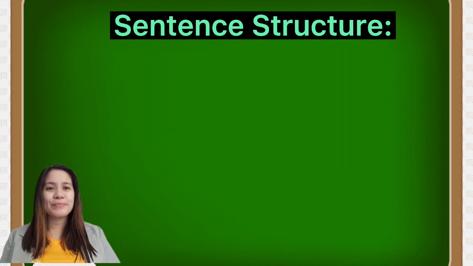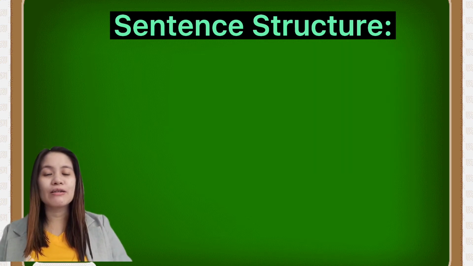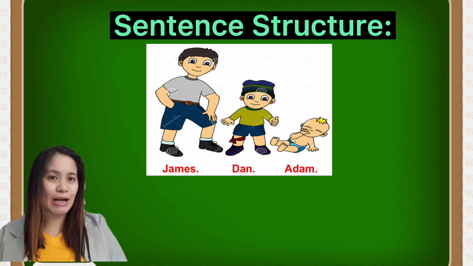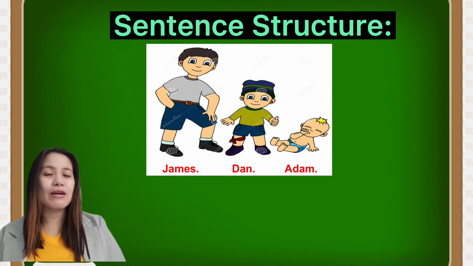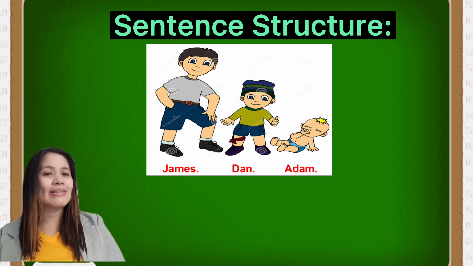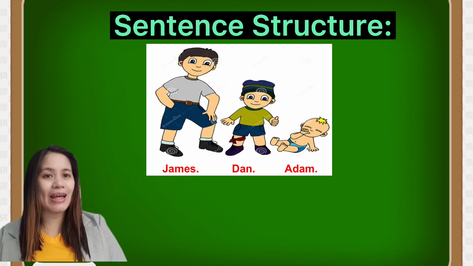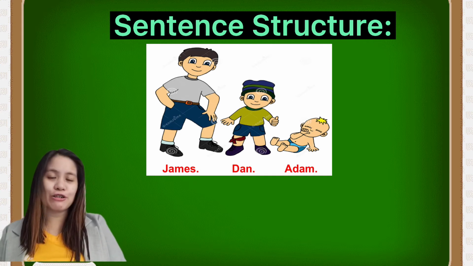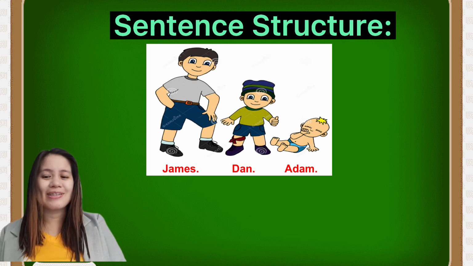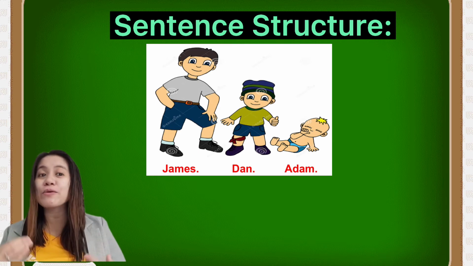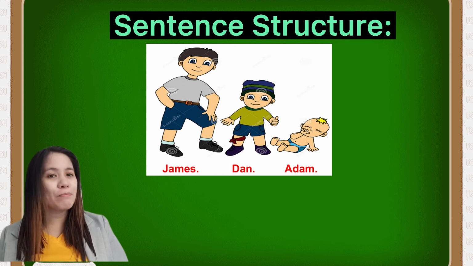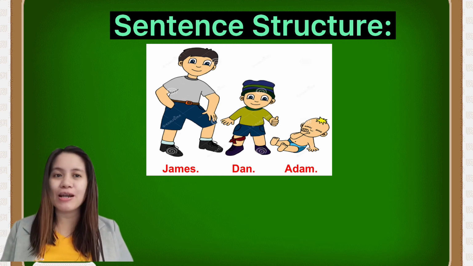Okay? We have another example. So we have James, Dan, and Adam. Now I want you to observe the pictures. Alright, so we make sentences using the comparative and the superlative.